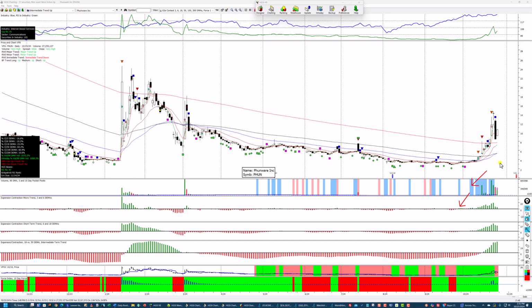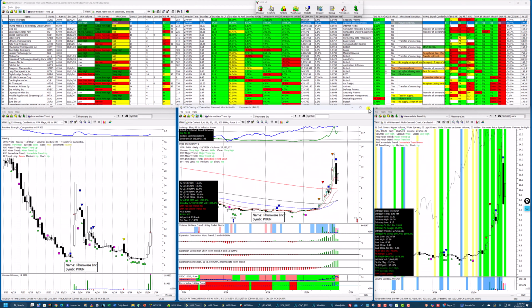And then you can see these blue lines, the volume pocket pivot indicators, as buyers came into this stock. Now I'm going to minimize this chart, and I'm going to look at some of the other contextual scans.